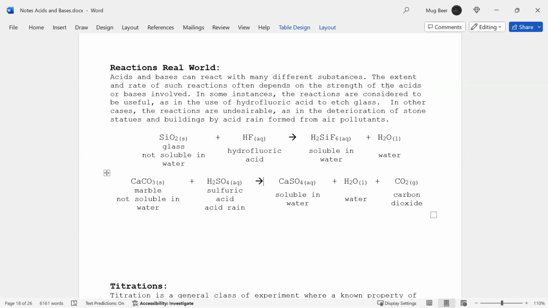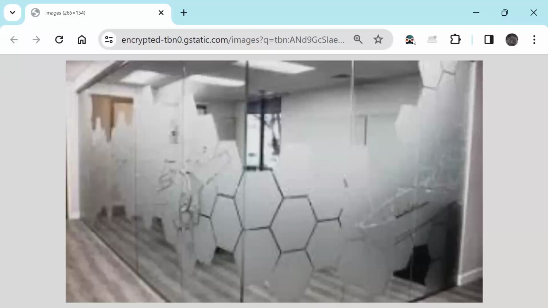So what do we use hydrofluoric acid for? We can use it for that. Can we see what that is?